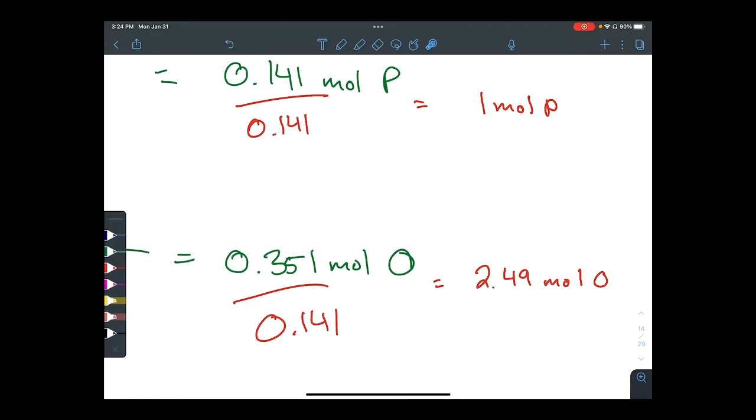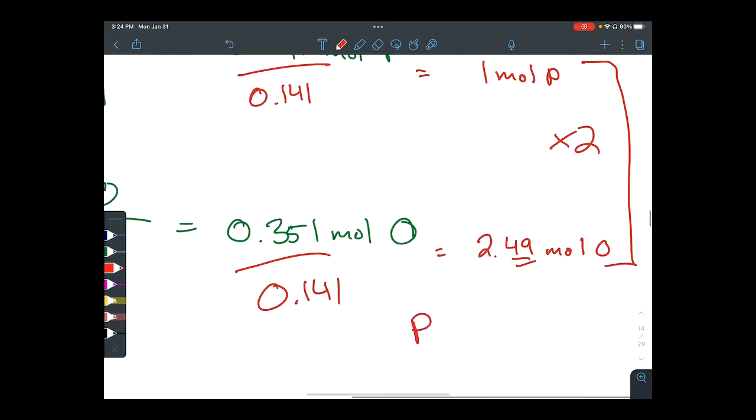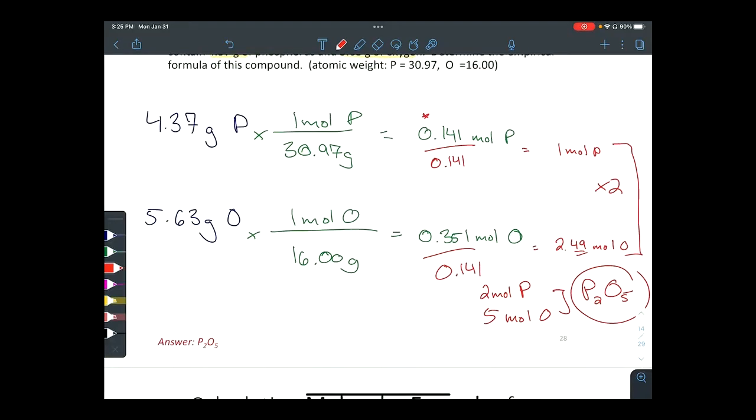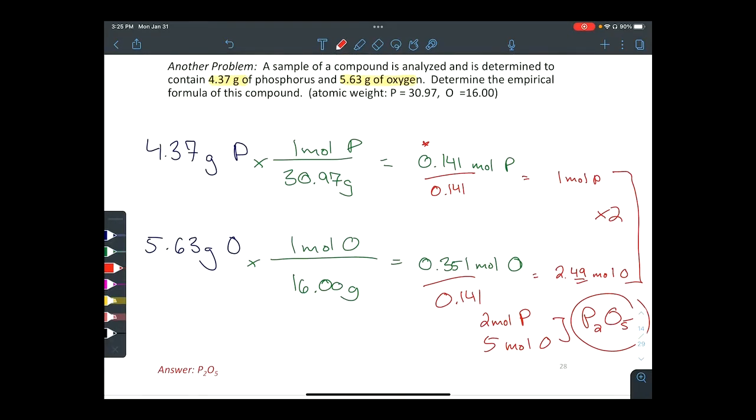No, it can't. So a better way to do this is multiply everything by 2 to get rid of that fraction there. So if we multiply everything by 2, we get 2 moles of phosphorus, and we get 5 moles of oxygen. So then our empirical formula is P2O5. Is that the answer? Yes, it is. All right, so that's an example where you get a fraction at the end.